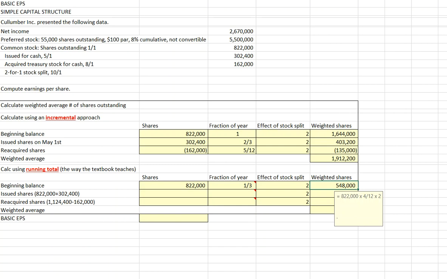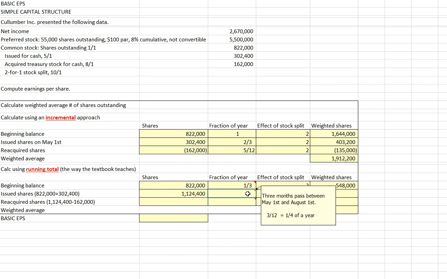Next, we're going to consider the shares that were issued on May 1st. We had 302,400 shares issued on May 1st. This brings us up to a total of 1,124,400 shares. These shares are outstanding in total until we reacquire shares on August 1st.